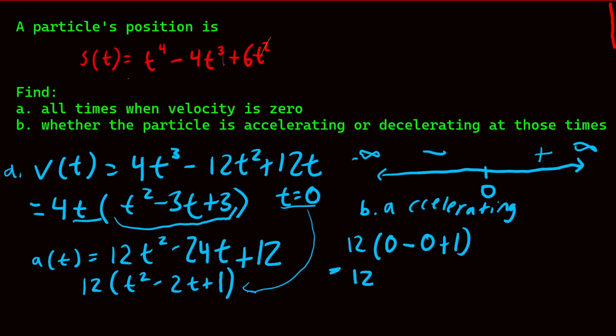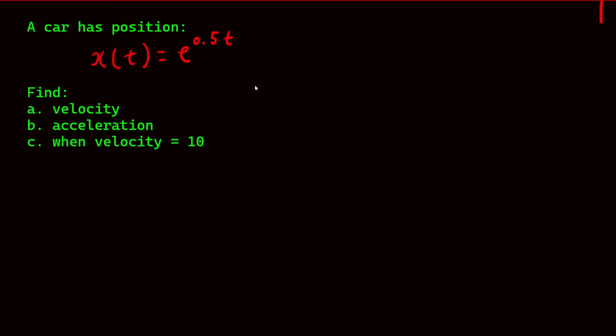All right. So let's move on to the next question. This is going to take a little bit more derivative work. So a car has position e to the 0.5t. All right, so let's find the velocity. The derivative of e to the 0.5t is just going to be 1 half e to the 0.5t by using chain rule.